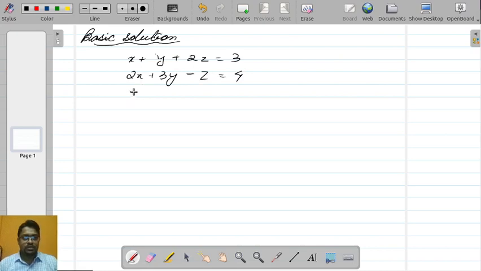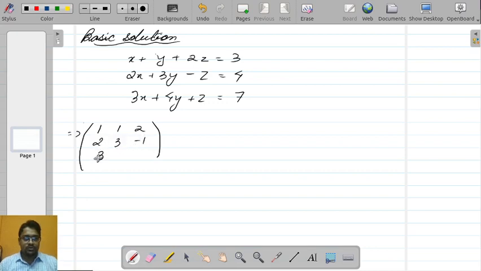Then suppose 3x plus 4y plus z equal to 7. In order to solve this, we write it in matrix form: 1 1 2, 2 3 minus 1, 3 4 1, multiplied with xyz, equal to 3 4 7.